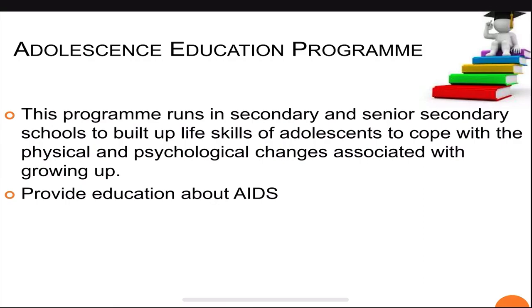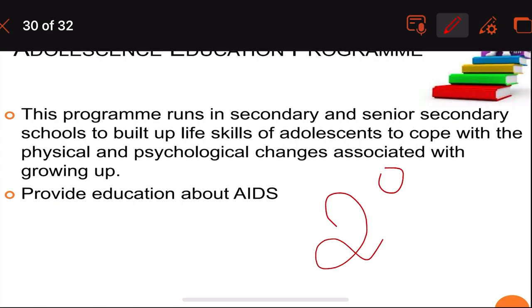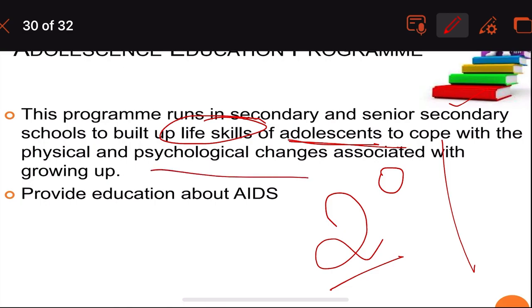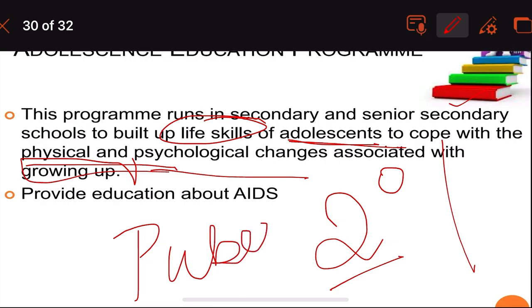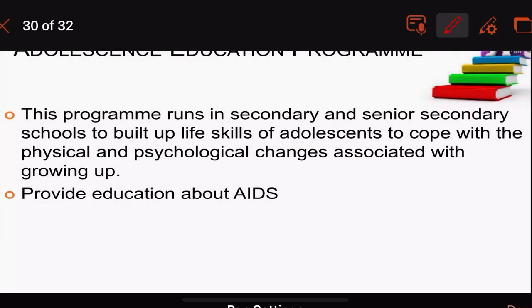It is usually run in high schools and higher secondary schools, where we are building the life skills of these adolescents, so that if any psychological or physical change comes up during puberty, they should be able to cope with the changes. So we are building up the life skills.